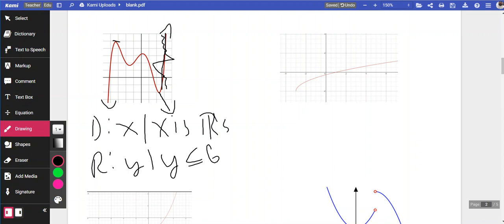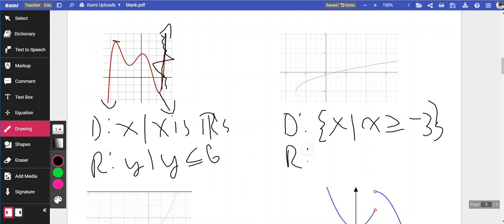Let's look at this one over here. This guy's domain is definitely not all reals. This guy's domain is x such that, and it looks like it starts right here when x is -3. So you would say that x is greater than or equal to -3, and that's the domain.